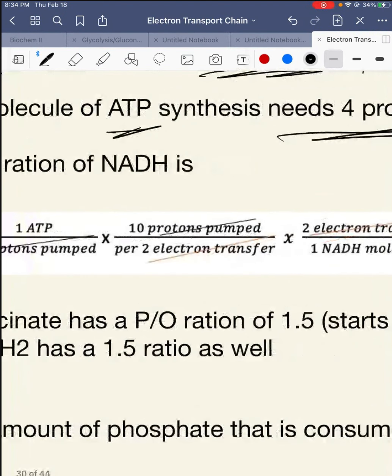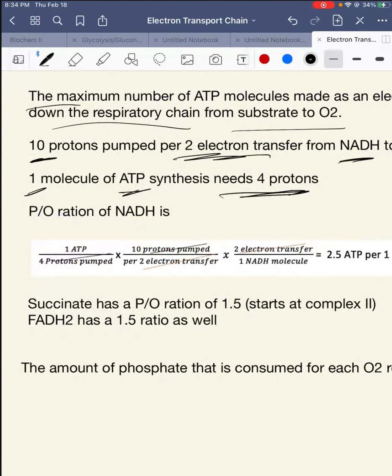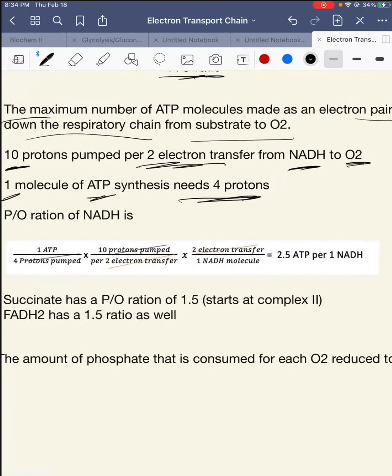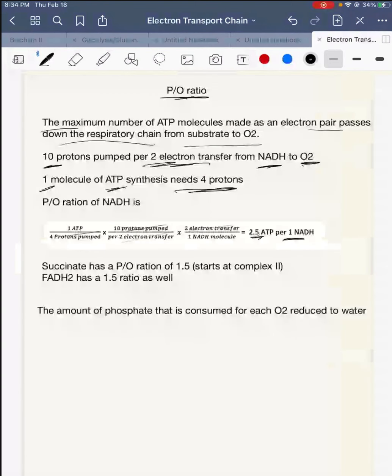We pump 10 protons per 2 electrons, and per 1 NADH molecule we had 2 electrons. If we do the math, the 2's cancel, and we end up with 10 divided by 4, and we get 10 ATP molecules per 1 NADH. If you ever see those values in the book, that's how they calculated them, with the PO ratio.